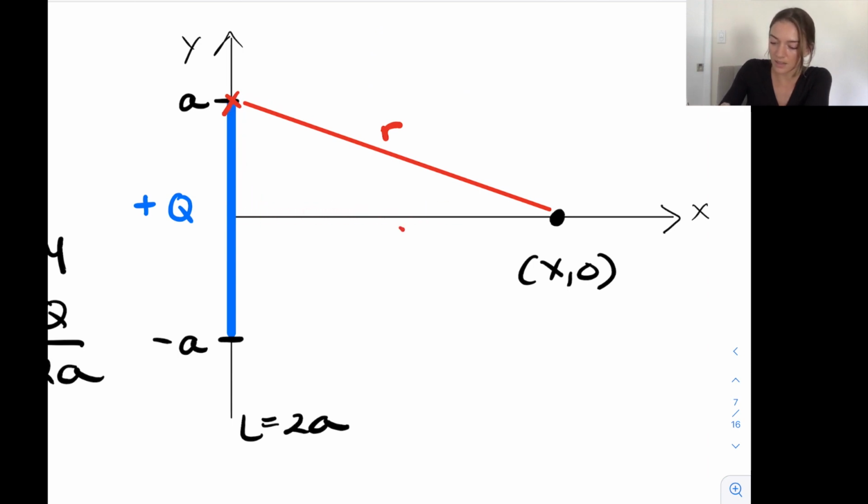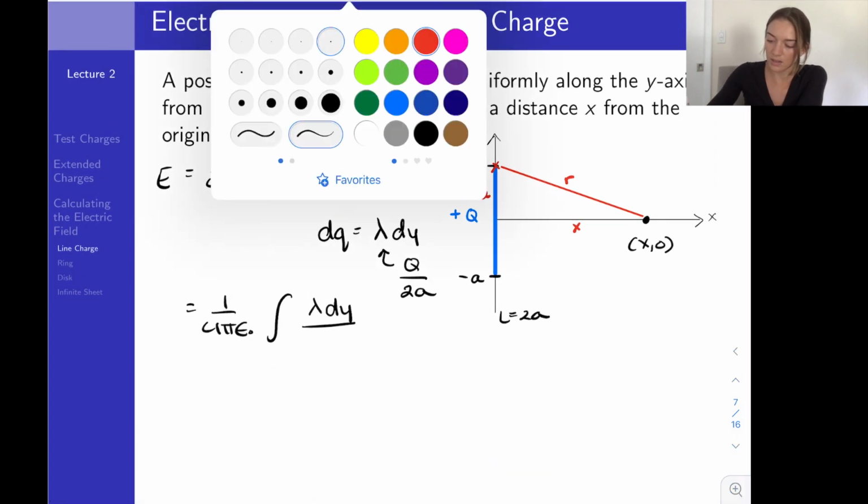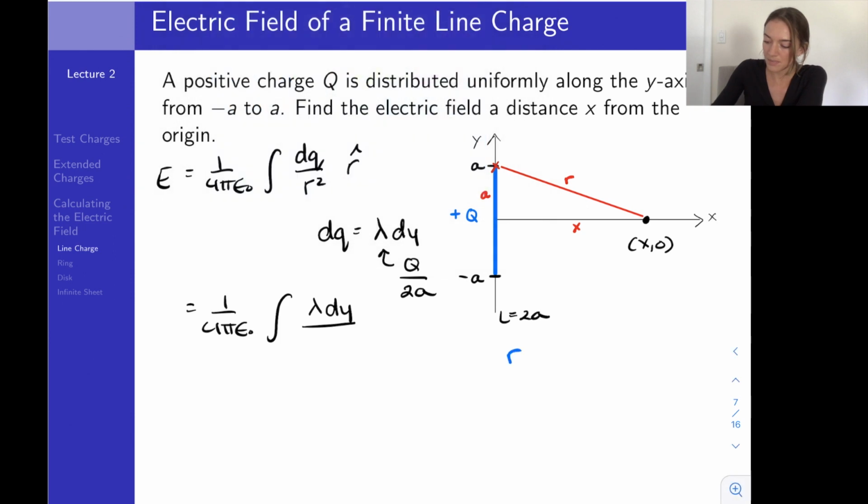This length is x, whatever this point is, and this length here is a, because we go from y equals 0 to y equals a. So r is equal to the square root of x squared plus a squared. All we do is the Pythagorean theorem.